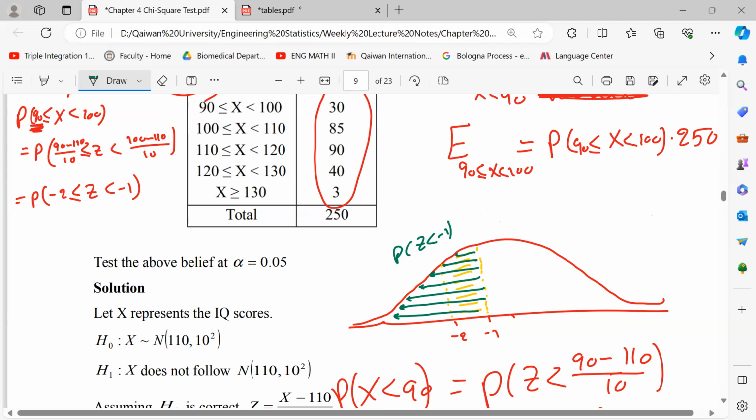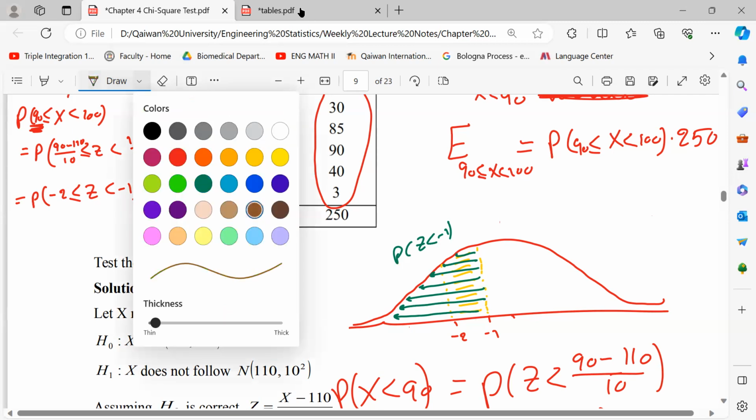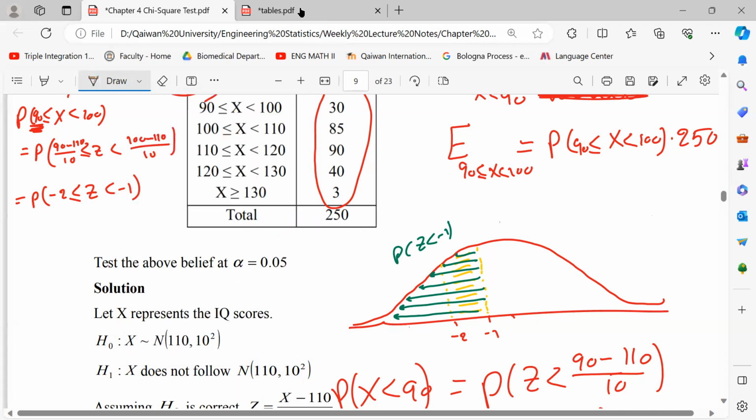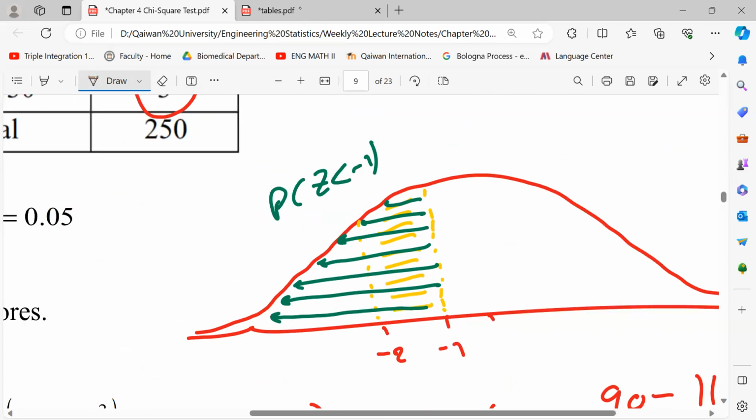What should you subtract from this to get the yellow region? The probability of Z less than -2, which is this one. From the green one and the brown one, if we subtract the brown one from the green one, we get the yellow part.